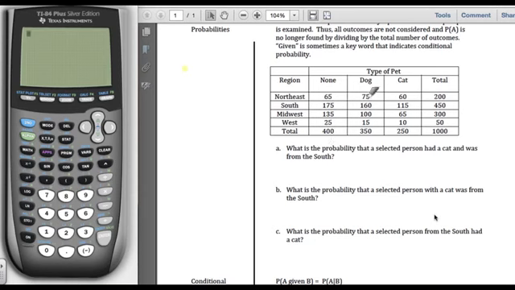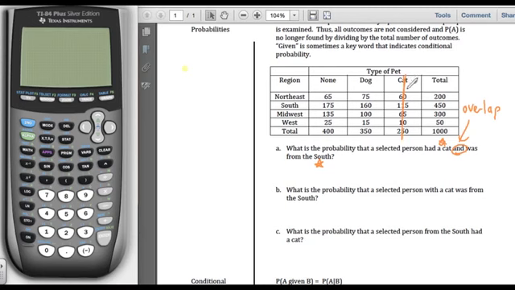A asks, based off of this two-way table, what is the probability that a selected person had a cat and was from the South? So I'm looking at the person having a cat, being from the South. Those are my two categories listed, but it's an and probability. An and means overlap. So where do these two overlap?